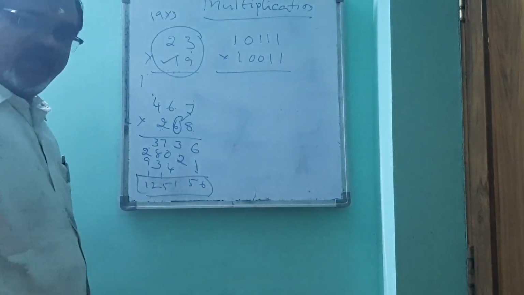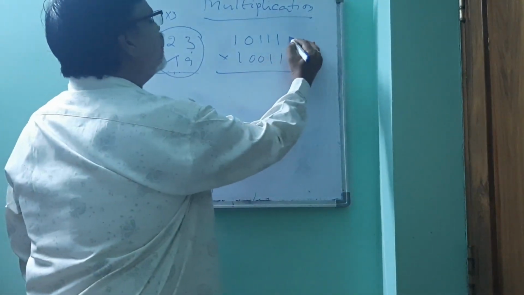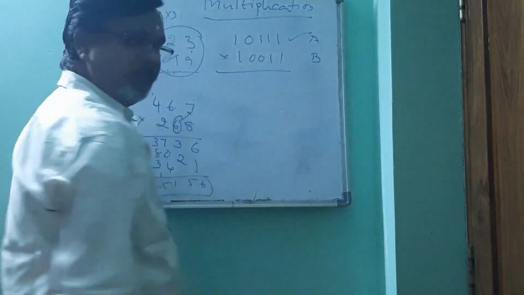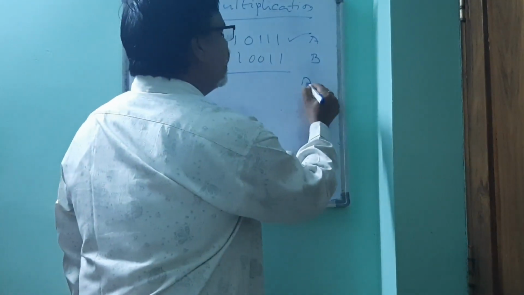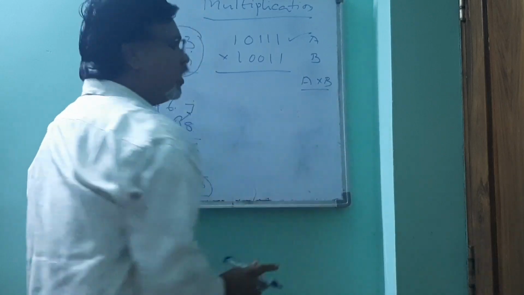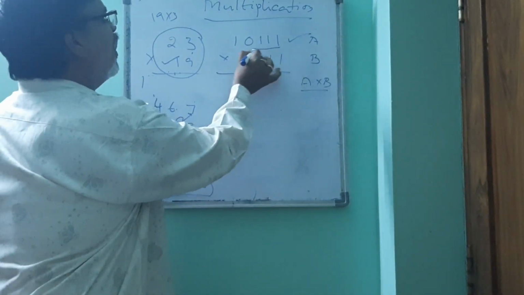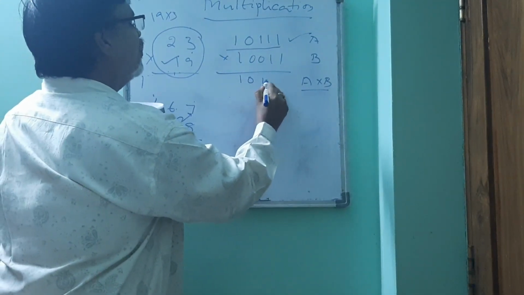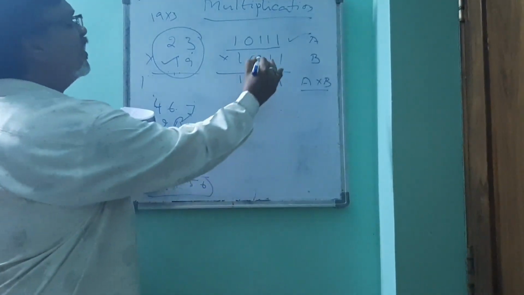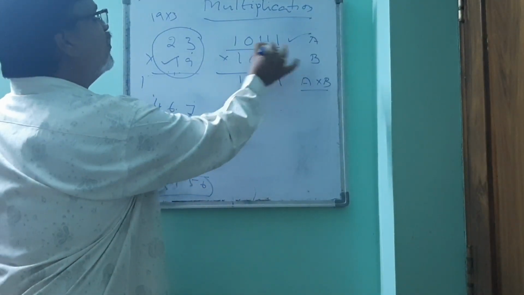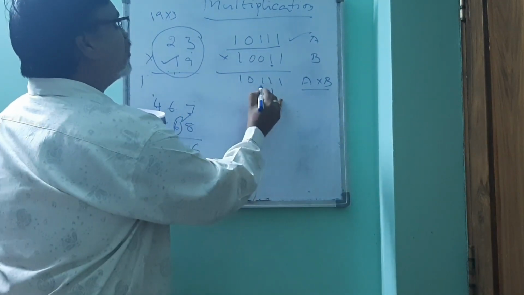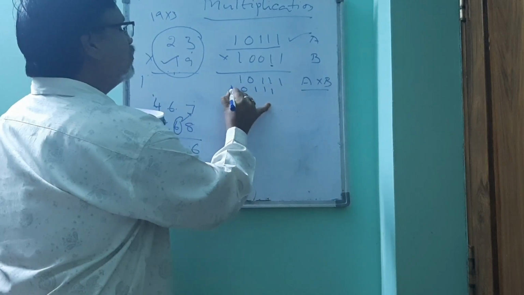The same way here also, first this is the first number, say A, and this is the second number, say B. If you want to multiply A into B by following this procedure, first 1 into all these numbers, which gives as it is 10111. Then next bit, again 1 into all these numbers, but you have to leave one position here, so 10111.